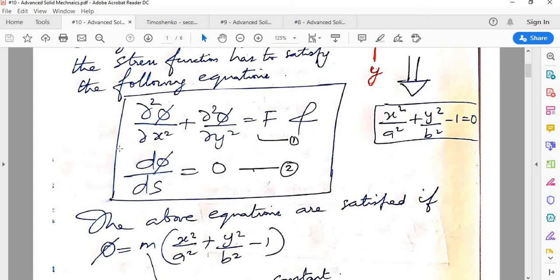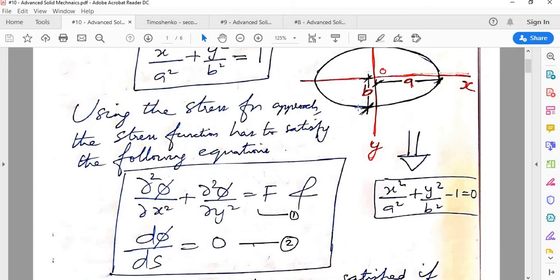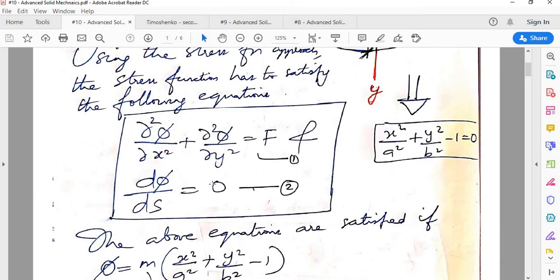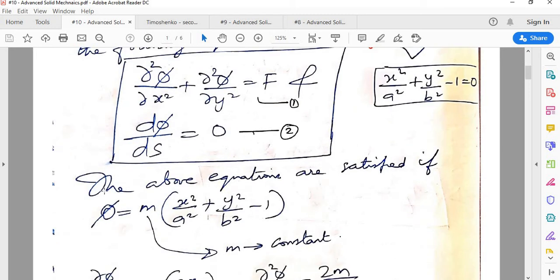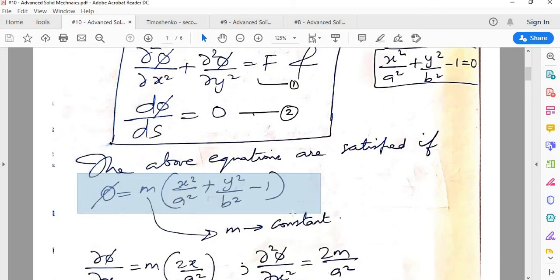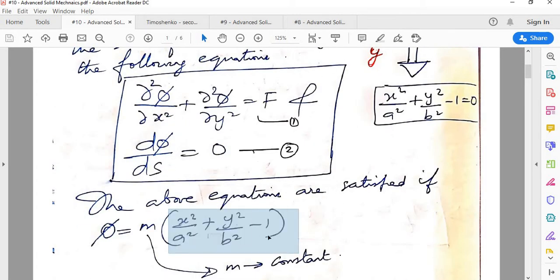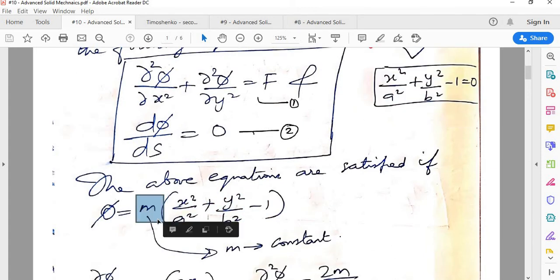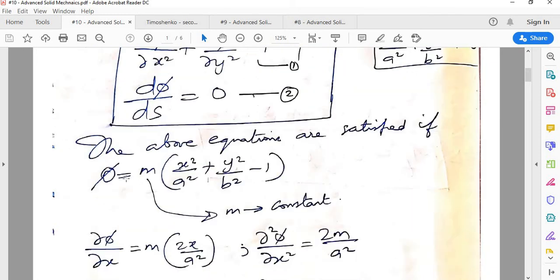S is the boundary. So we had discussed this in the last class. So to satisfy that, it is convenient to take the stress function in the following form, where this is nothing but the equation of the ellipse, and m is an arbitrary constant. So what m is, that we will determine.